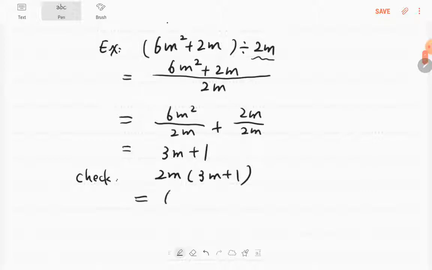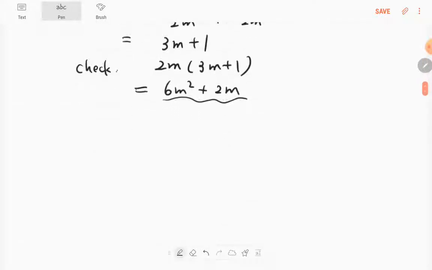So here we use the distributive rule, 2m times 3m plus 2m times 1. So then we realize we exactly get the same expression, which means we did it correctly. Okay? The quotient is correct. So let's check another one.